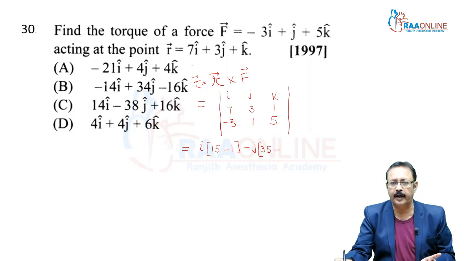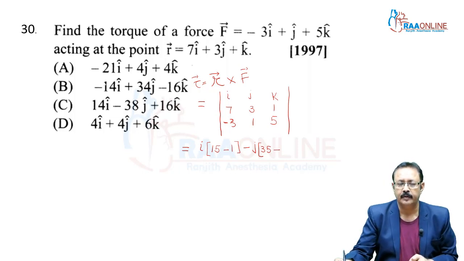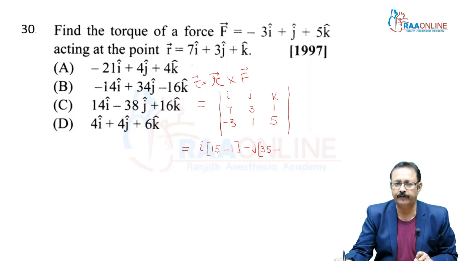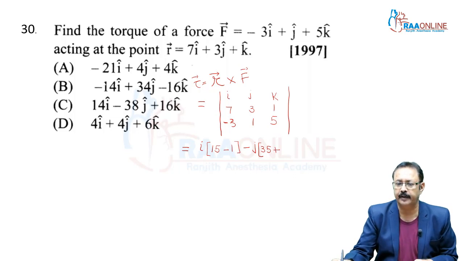First, top left to right bottom, then bottom left to top right. So 35 minus 3, it will become plus 3. Now plus k. Hide the row and column of k. 7, minus 9. So minus, it will become plus 9.